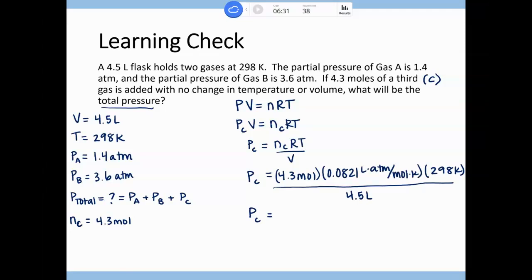So again, in the numerator, we're canceling out Kelvin, we're canceling out mole, we will cancel out liters, and we're left with ATM, our pressure unit. I calculated pressure of gas C is 23.38 ATM.